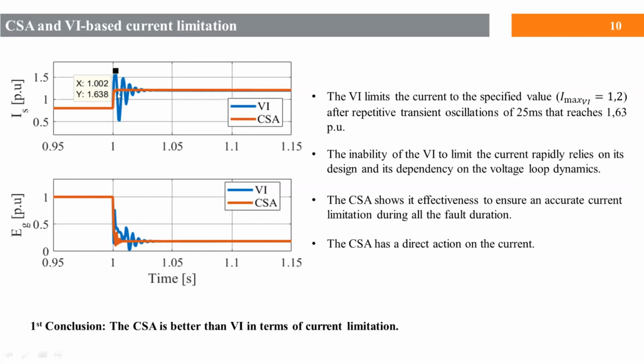This behavior can be simply explained by the indirect action of the VI on the current, since it depends mainly on the dynamic of the voltage controller. This means that during the fault, we are changing the reference of the voltage, but we need to wait for the dynamic of the controller to do that.